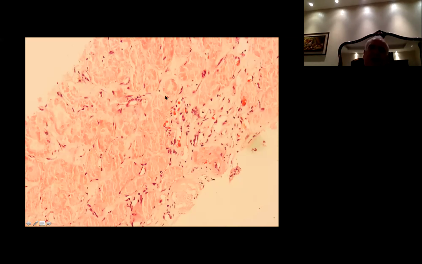Yeah, there are thrombi. Look at this. Do you see any basal membrane? You don't. Do you see any viable tissue? You don't see glomeruli, you don't see tubules. And here is one glomerulus, which is infarcted. Look at this glomerulus. Mesangiolysis.